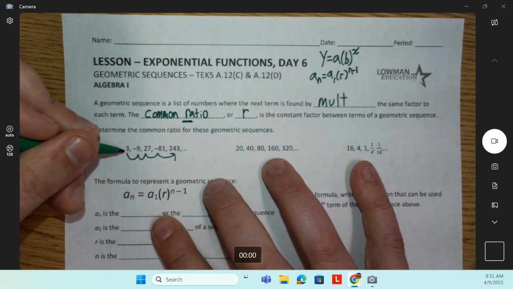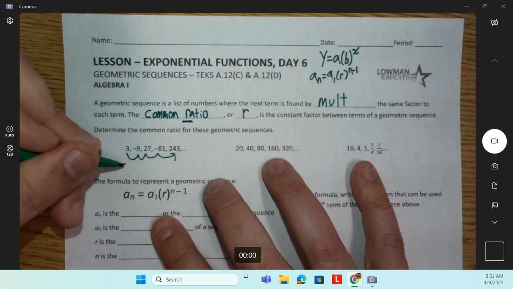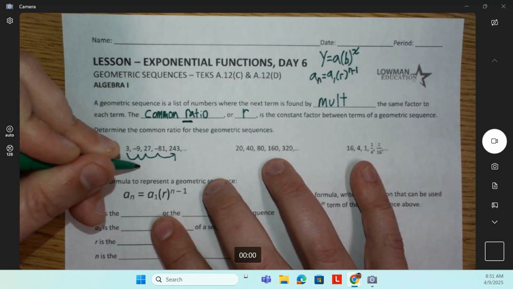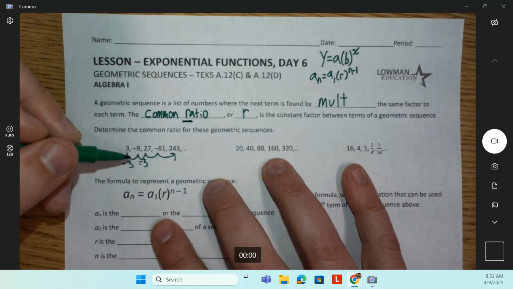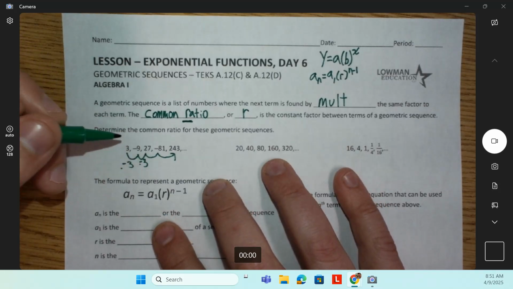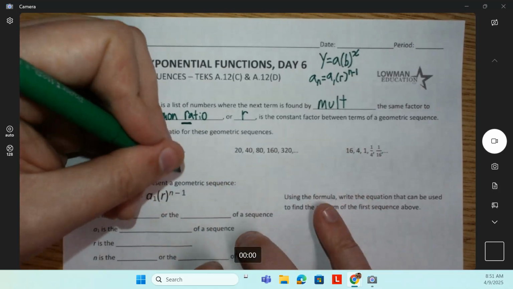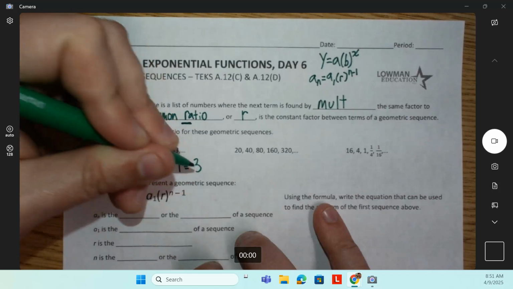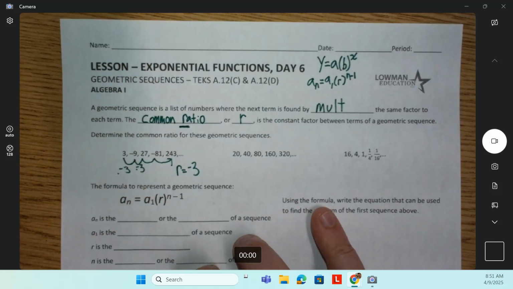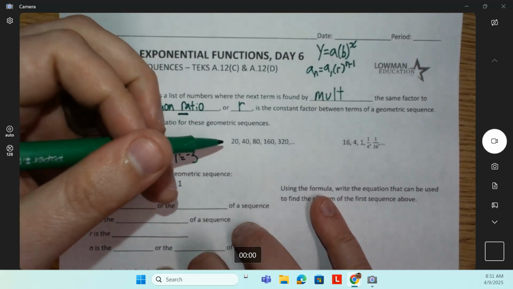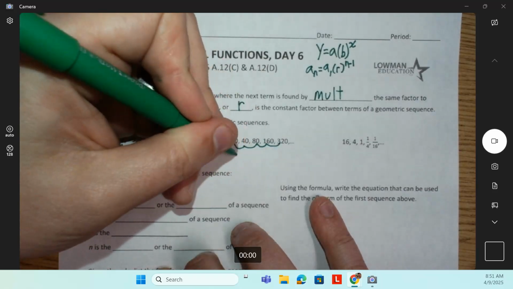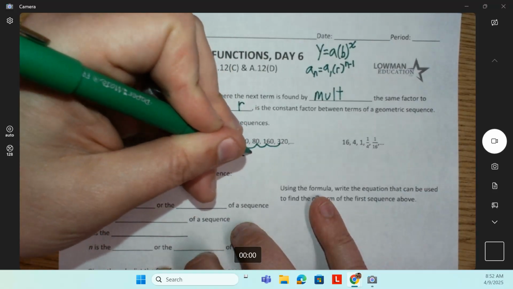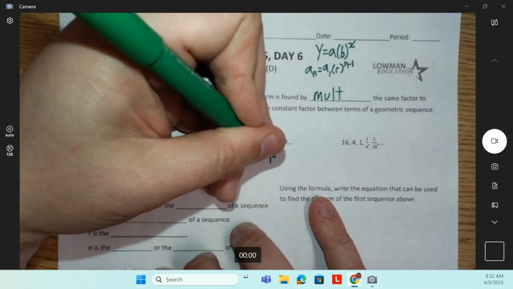So really we can just think 3 times what is negative 9? We'd say, well, times negative 3. And the same for negative 9 to 27, multiplying by negative 3. So that would be our common ratio. So we just say r is negative 3. Looking at the next one, 20, 40, 80, 160. As we go along here, hopefully we say, oh, well, they're just multiplying by 2.